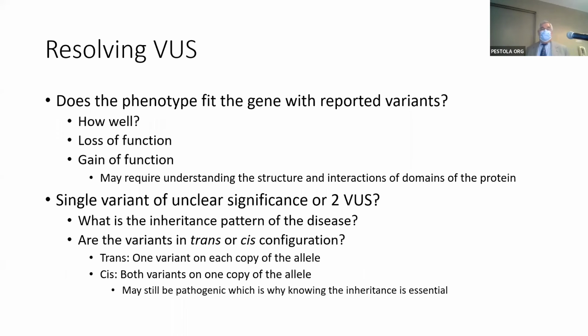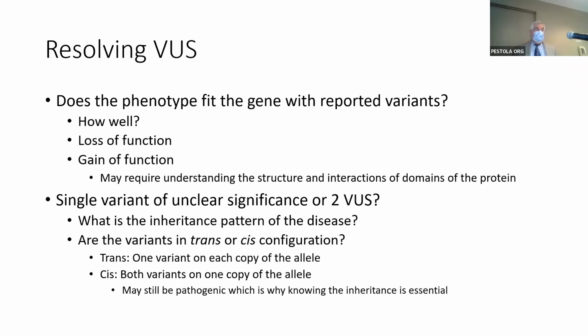So resolving VUSs. How well does your phenotype fit the genetic information that comes back? Does it fit? What is the VUS? Is it in a section of the gene, or is it a gene where it's a loss of function or a gain of function? So you may have to know something about the gene, the protein, and the protein's interactions, the domains of the protein, in order to be able to interpret a variant of unclear significance.